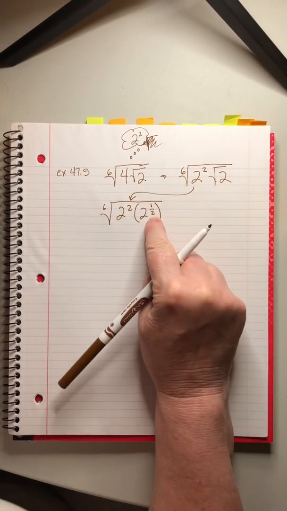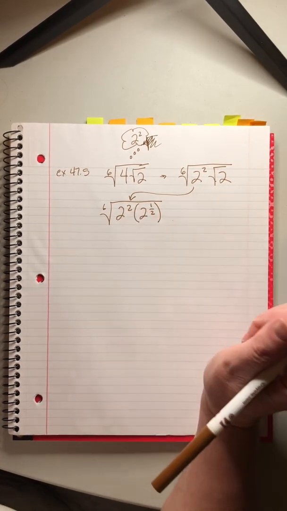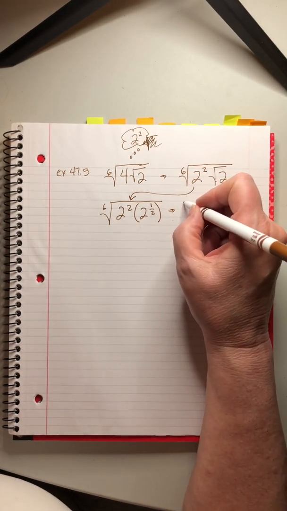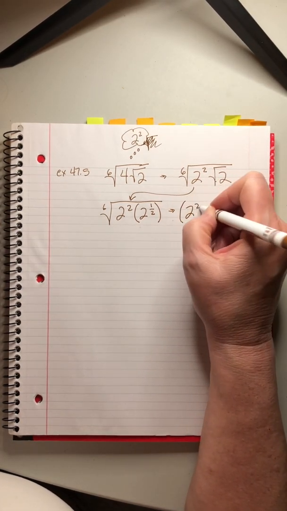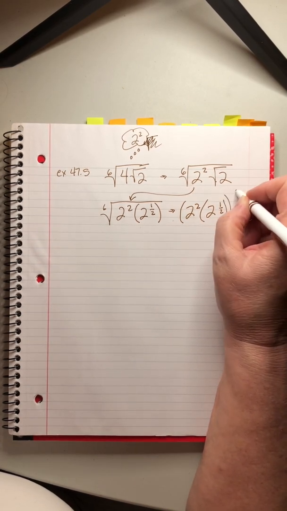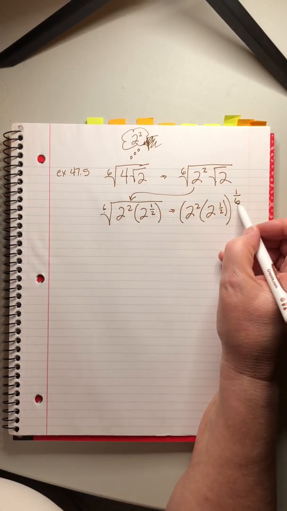The first fractional exponent we can put inside the parentheses because the base is nice and simple. Now turn the second pig house to parentheses. The number in the corner becomes the denominator.